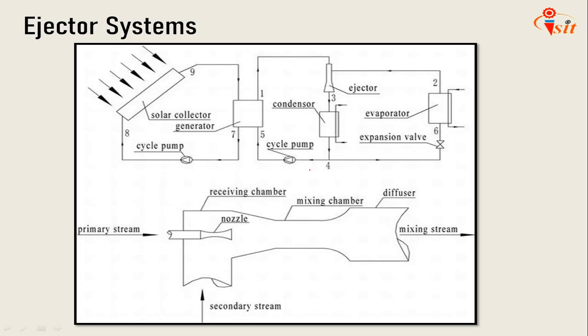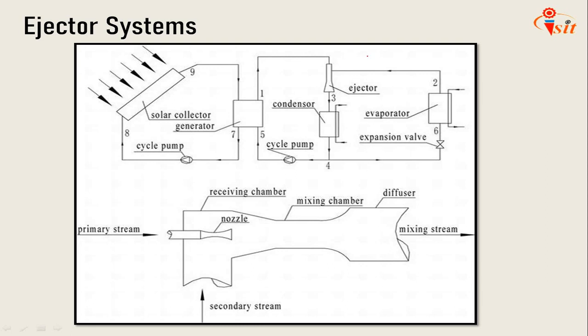Okay. Now next one is ejector system. A solar driven ejector cooling system consists of an ejector, cooling cycle and a collector circuit.